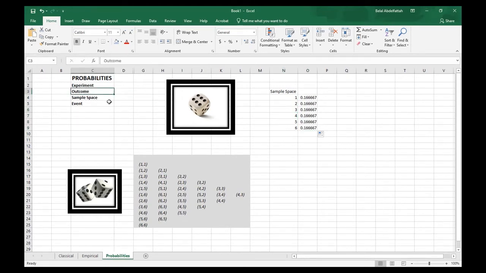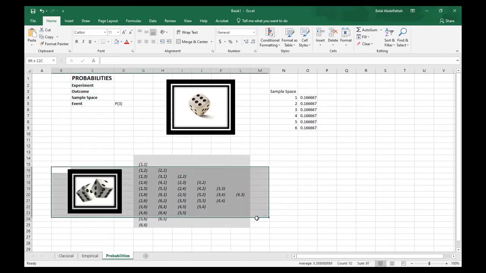The sample space is an exhaustive list of all the outcomes, and the event is what we're interested in and what we're trying to observe. So if we're interested in the probability of rolling a three, that happens to be about 16.7%. Right. So hopefully that gives you some perspective of what we mean by experiment, outcome, sample space, and event.